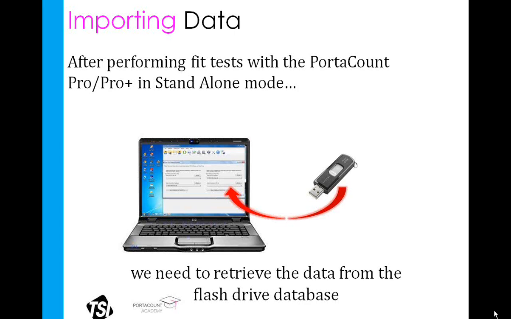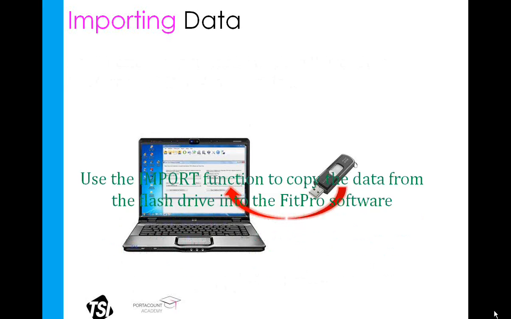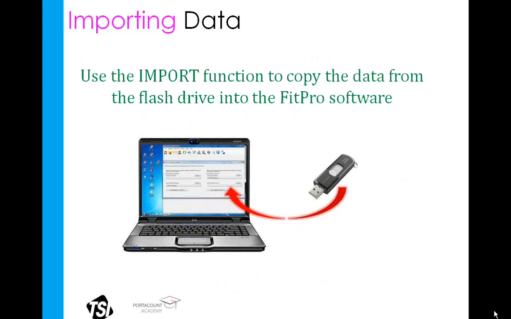Flash drives are designed for temporary storage purposes only. So in order to copy the data from our flash drive into our FitPro software database, we're going to use the import function found within the flash drive database exchange window that we saw previously.